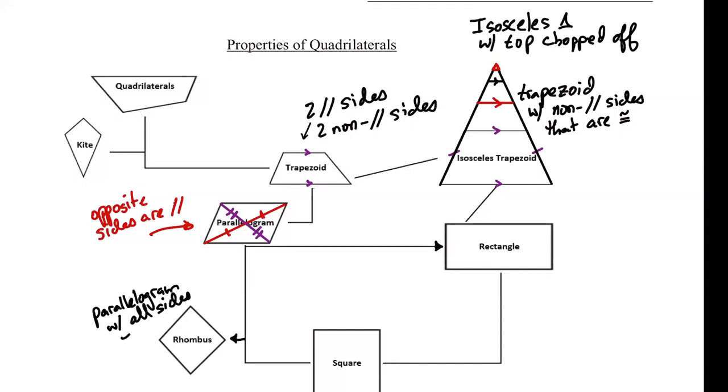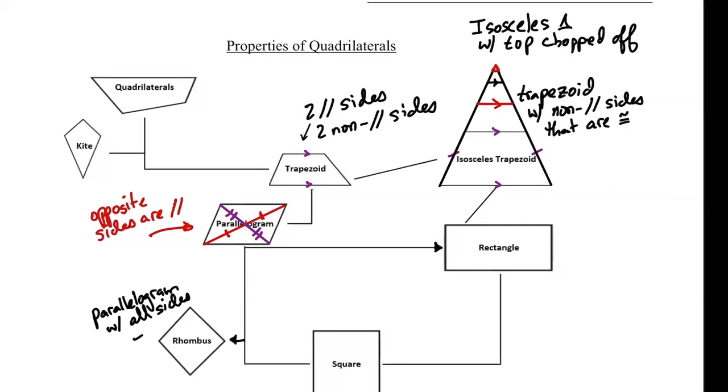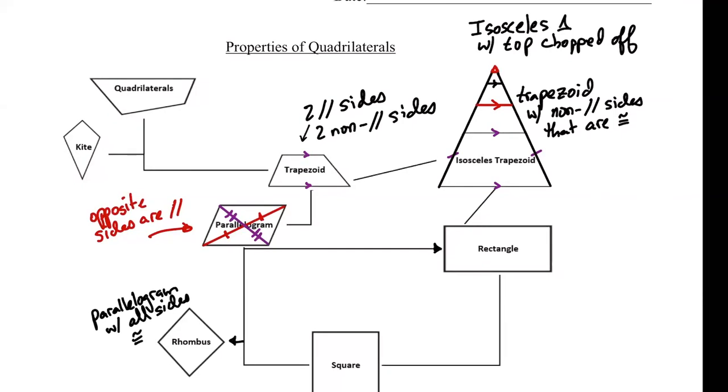So all sides have the same measure. A rectangle is a parallelogram in which all the angles are congruent.